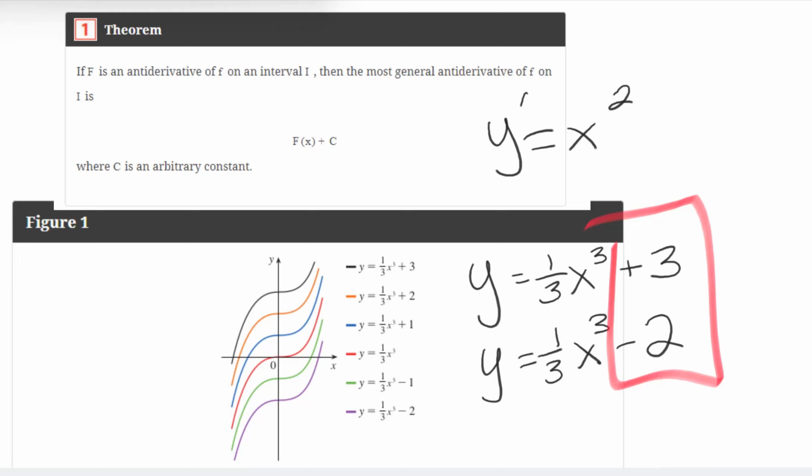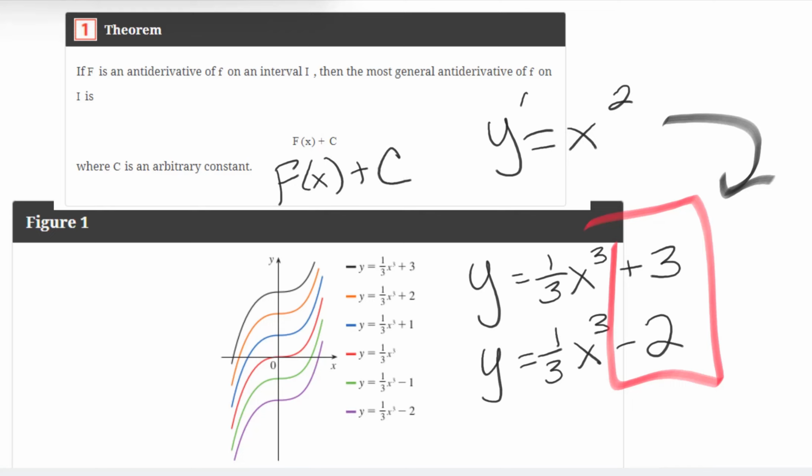So if I want to go from the derivative back to the function, I have now not only one answer, I have a family of answers. That's why whenever we're doing the integrals, the function becomes the function of x plus c.